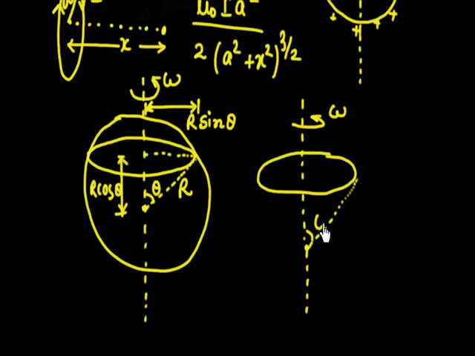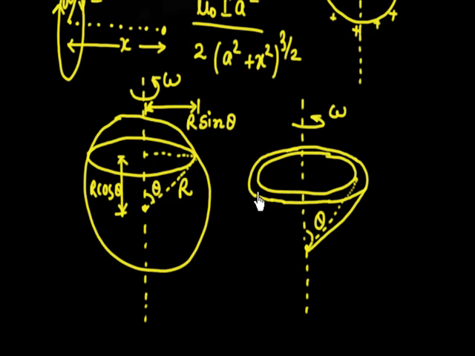Now if I consider another ring at theta plus d theta, I will have a ring of this kind. Slightly difficult to understand. So I will have another ring at theta plus d theta.